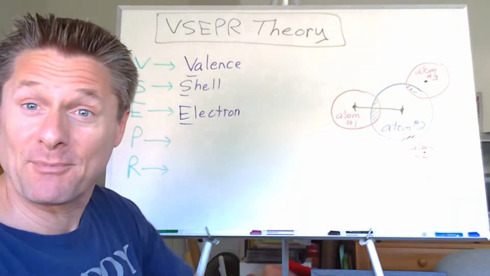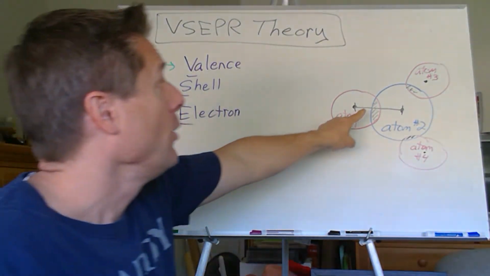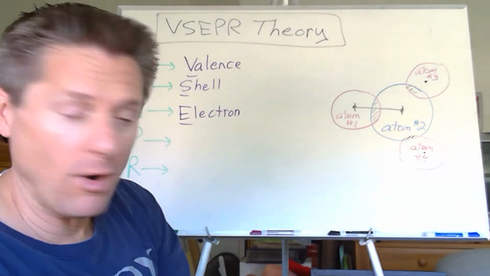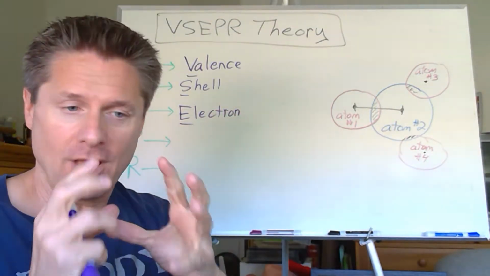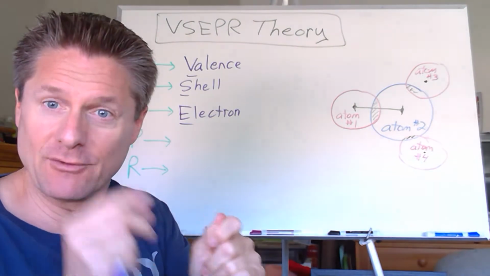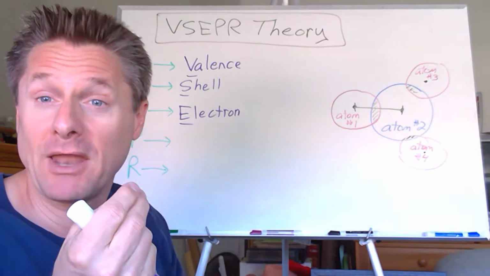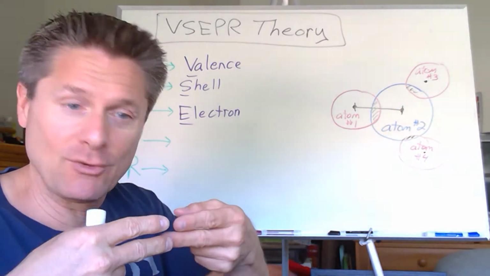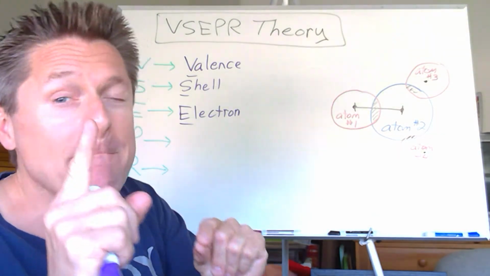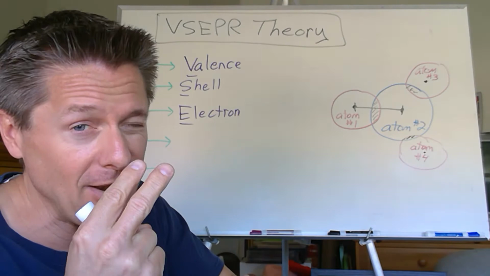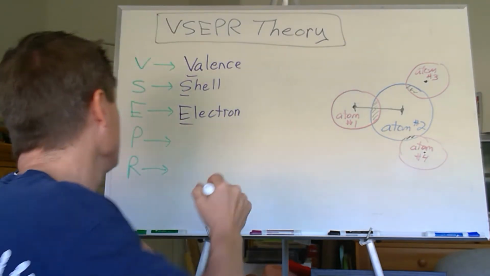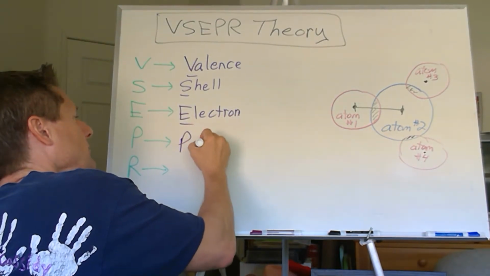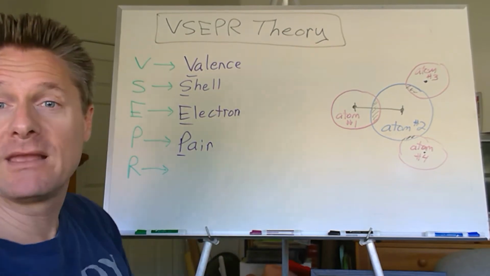That's what overlaps, right? Now, once the bonds are formed, you've got the bonding groups, either single, double, or triple bonds, and you've got non-bonding groups, which are the lone pairs. Within the bonding groups, a single bond is 1 pair, a double bond is 2 pairs, a triple bond is 3 pairs. That's where the P comes from.